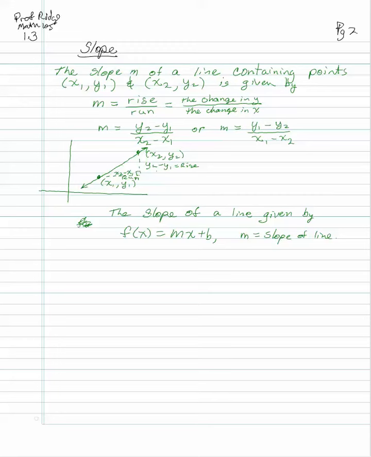All right? So nothing different there. Oh, I guess I wrote this wrong. The slope of the line given by f of x equals mx plus b is m. That's what I sure wrote. But anyway, you get the idea.